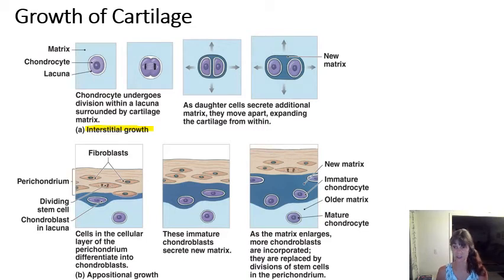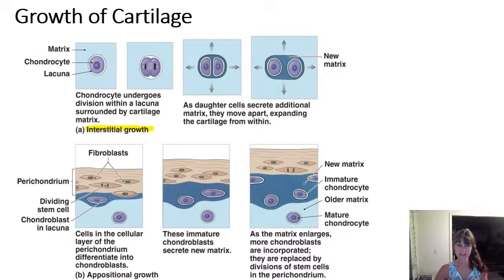That is interstitial growth. We mentioned the fact that outside cartilage is a layer of dense irregular connective tissue. The dense irregular connective tissue contains fibroblasts, but it also has dividing stem cells within it.